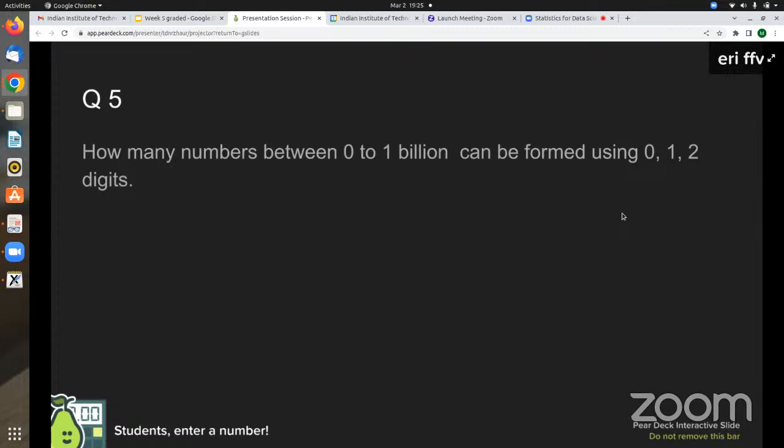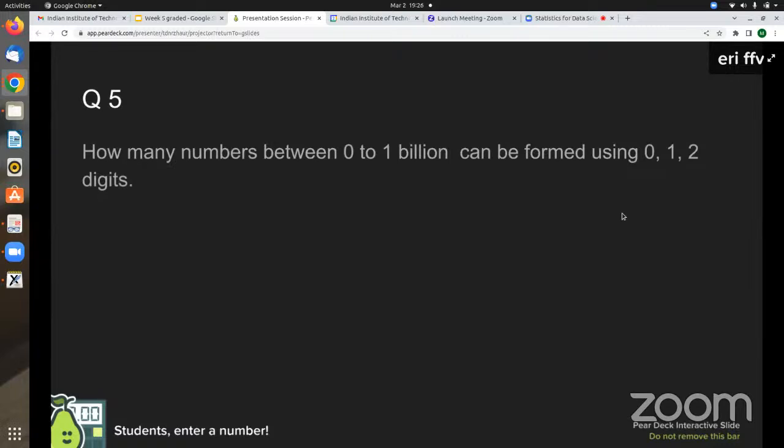And a billion, 100 crore. Just find it out. If you don't understand, just Google how many digits are required.